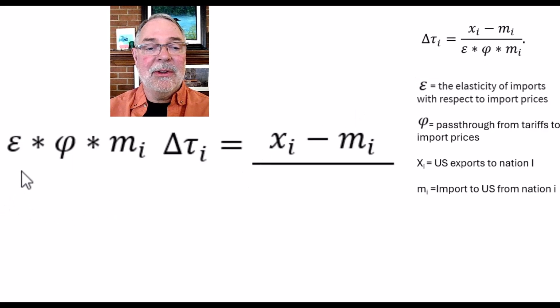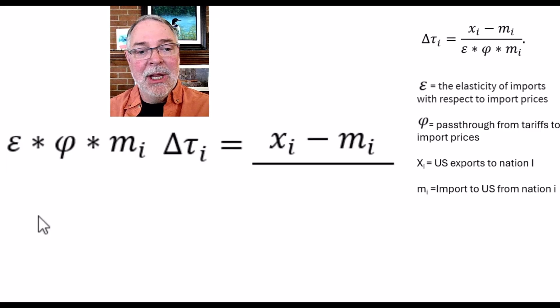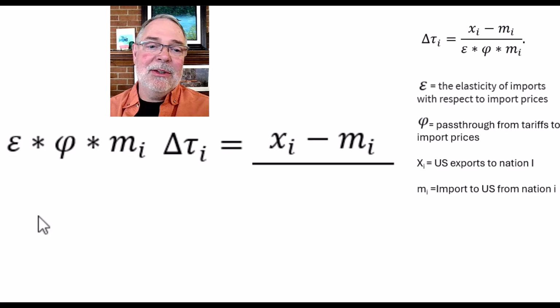This parameter is an elasticity calculation, and it says, if we increase the price of the imports from China, or whatever country, by 1%, what's the change in imports? If the price goes up 1%, the imports go down. This should be a negative number, I think, but it's expressed as an increase in tariffs having a decrease in it. So when you increase the price, how much does the quantity demanded go down?